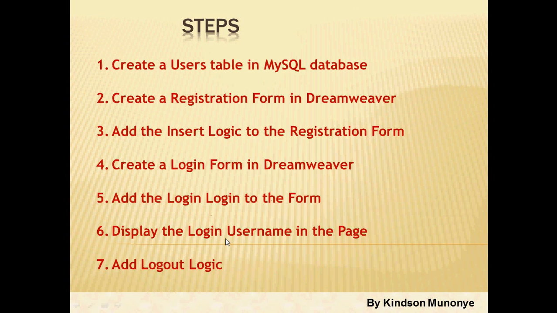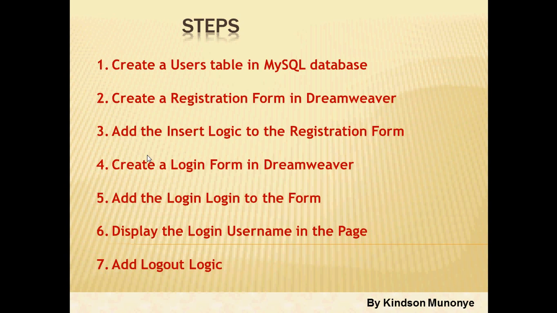So when you are logged in to the site, maybe to a restricted section of the site, and you successfully log in, a login message will display saying welcome so and so. That is welcome username with the actual username of the logged in user.